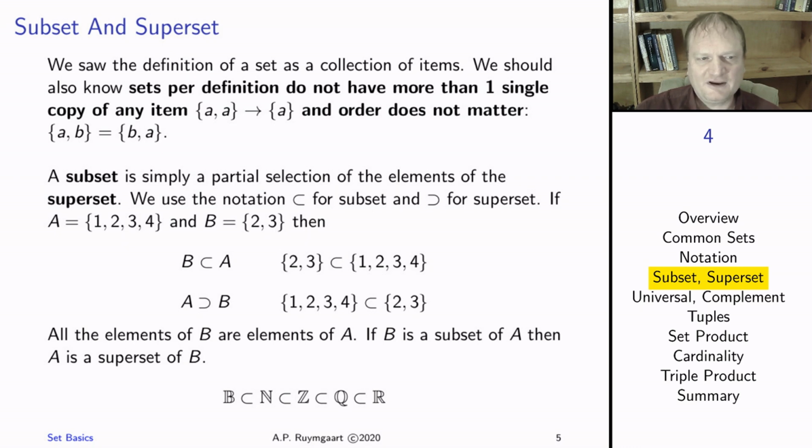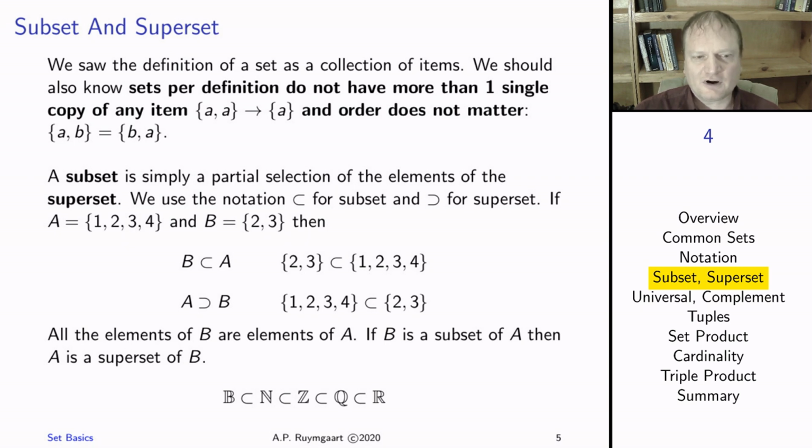So if the set A contains the elements 1, 2, 3, and 4, and the set B contains the elements 2 and 3, then B is a subset of A, and A is the superset of B. So, per definition, if B is a subset of A, then all the elements of B are elements of A. And if B is a subset of A, then A is a superset of B.